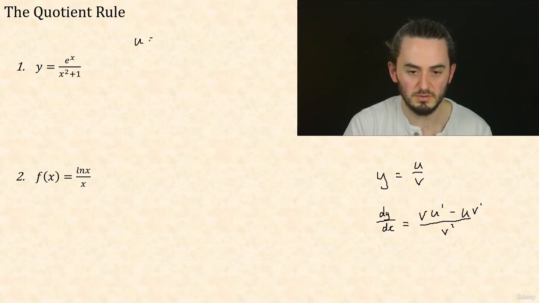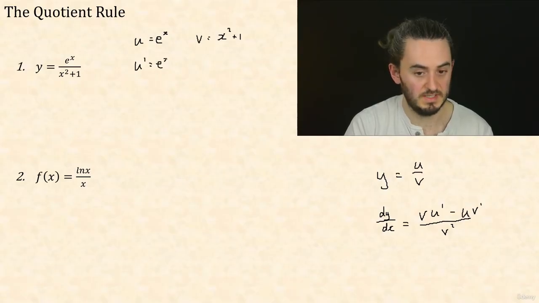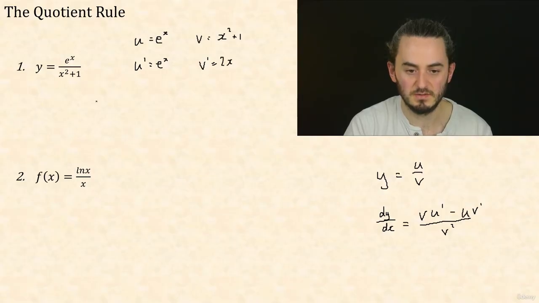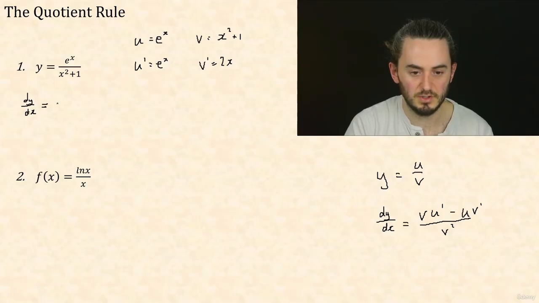So in this example, my u, the function on top, is e to the x, and my v is x squared plus 1. So that means that u dash, the derivative of u, is just e to the x, and v dash is 2x.